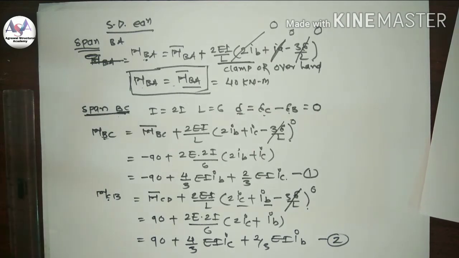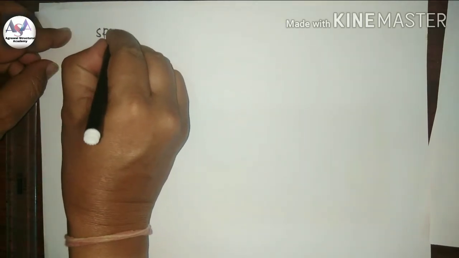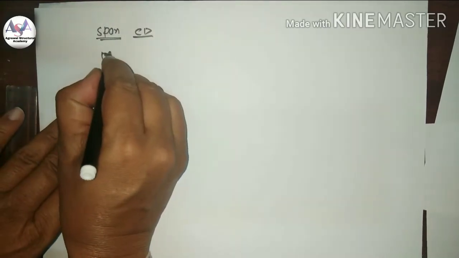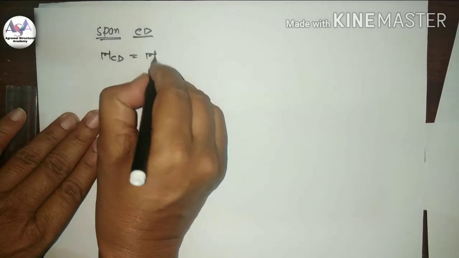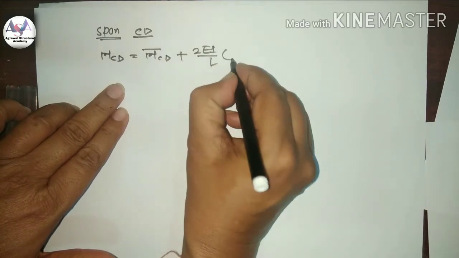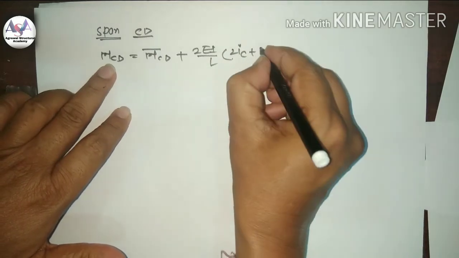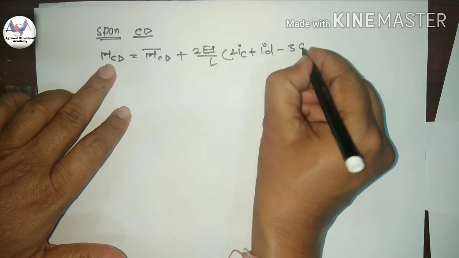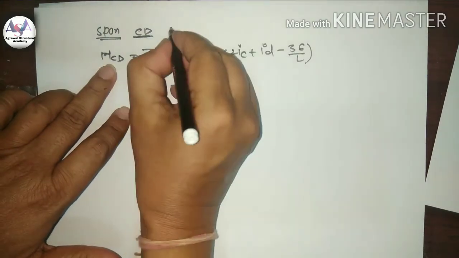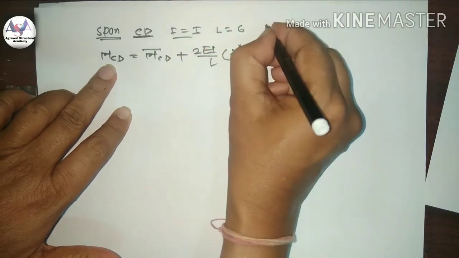Now the last span, that is CD. So MCD is equal to M bar CD plus twice EI by L into twice IC plus ID minus 3 delta by L. Now for CD span, I is equal to I, then L is equal to 6, and delta how to calculate?